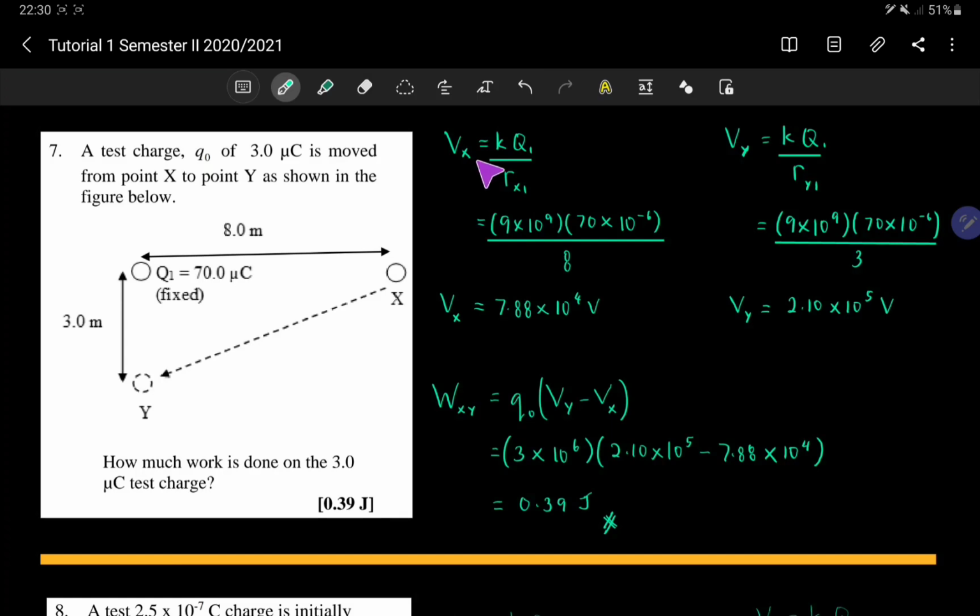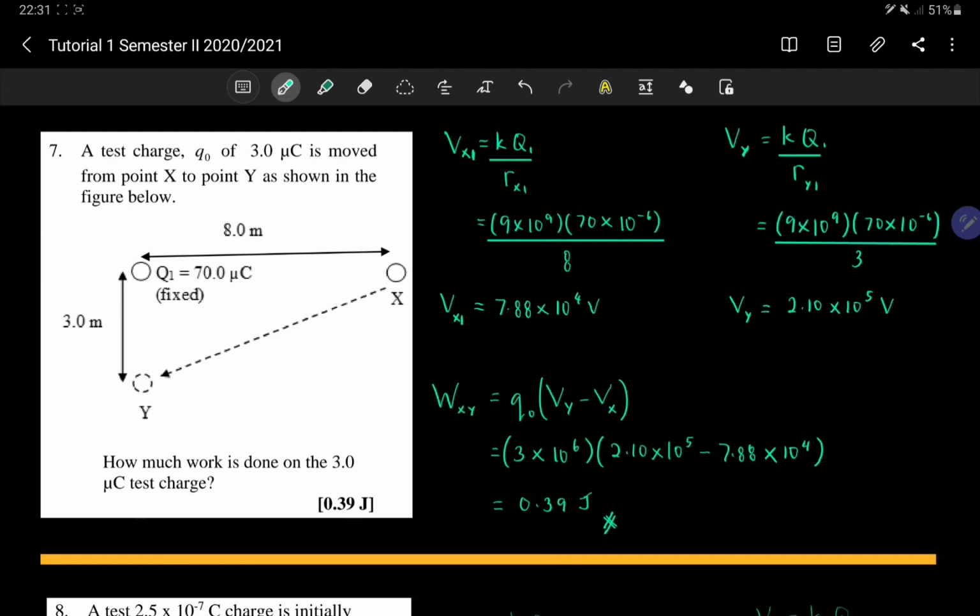K is just a constant. Q1 given is 70 microcoulomb, and R X1, the separation, is 8 meters. So you will get V on X by Q1 equals 7.88 × 10^4 volt.